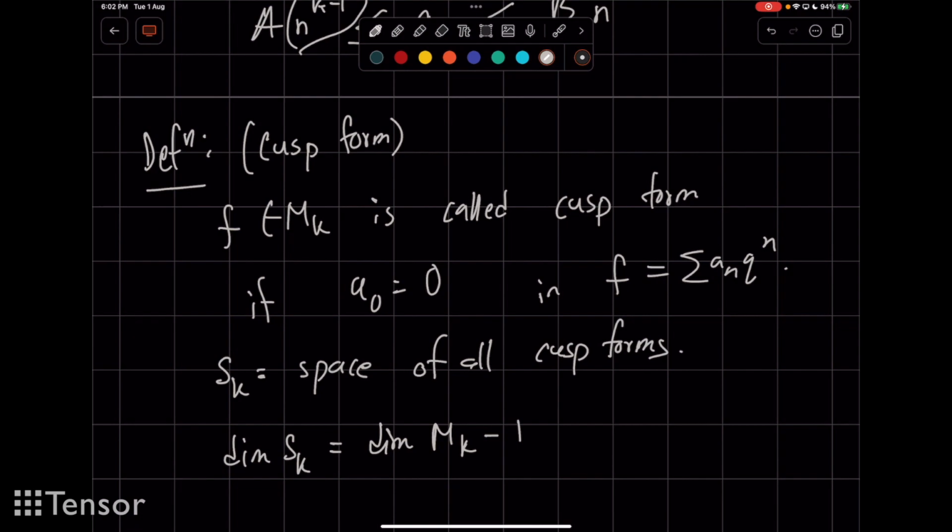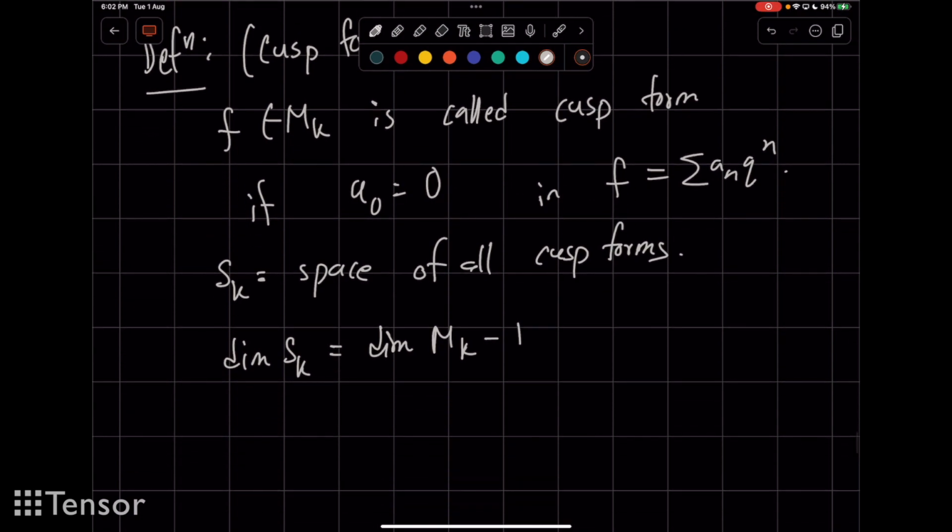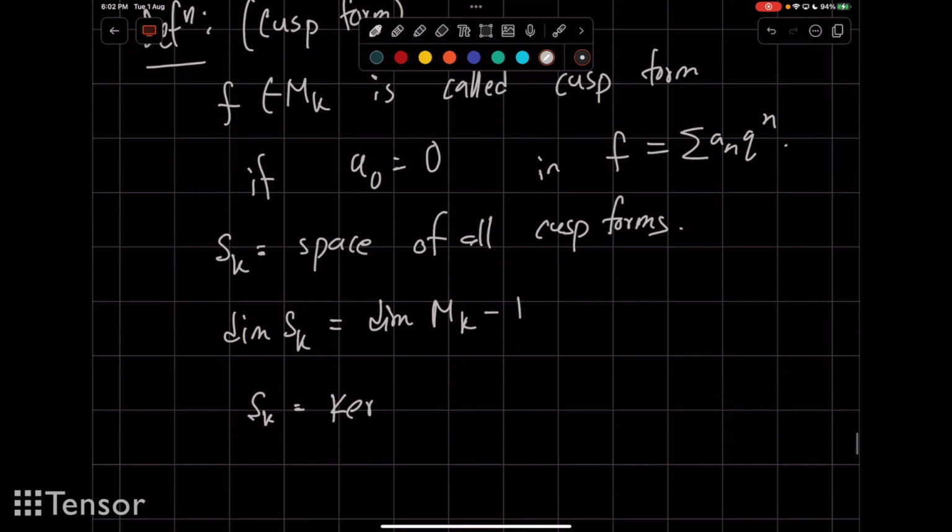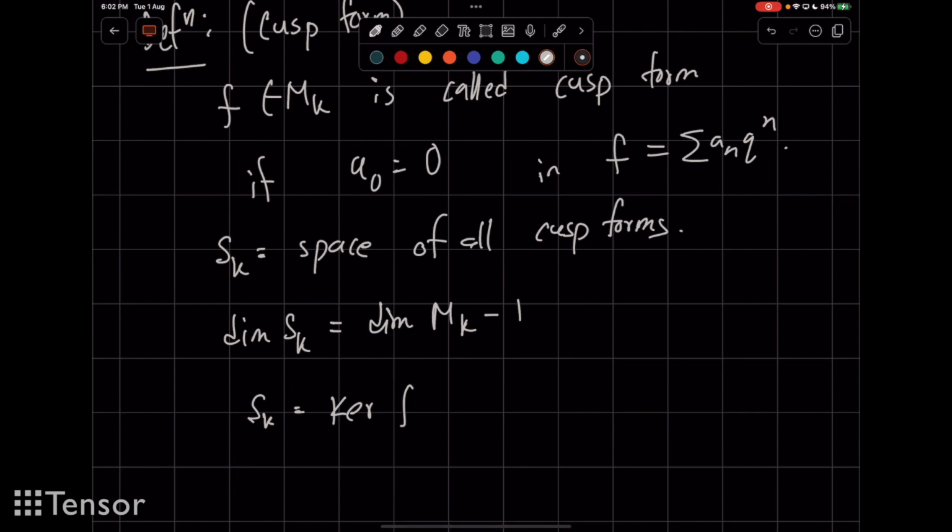And it has a very straightforward proof, and that proof goes like this. S sub k is the kernel of a map, let's say phi.